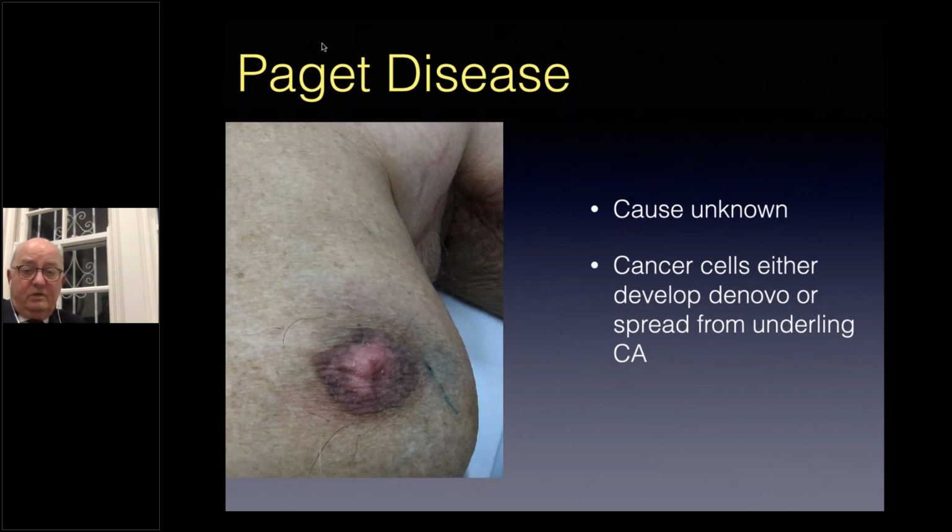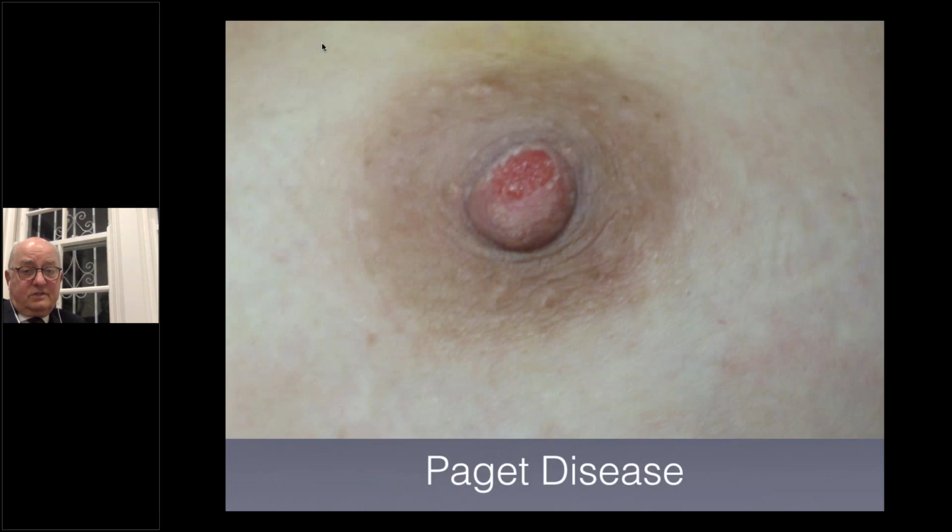Its cause is unknown, but it's often part of a cancer problem, and they either develop de novo or spread from an underlying carcinoma. And here's another Paget disease, which presented with just ulceration on top of the nipple. Once again, you can see how the nipple's involved and the areola is spared.